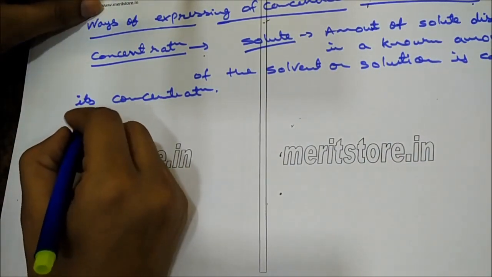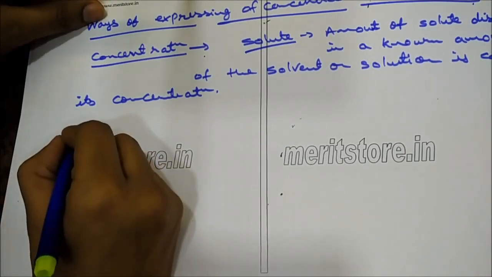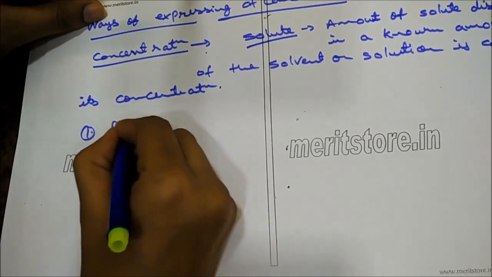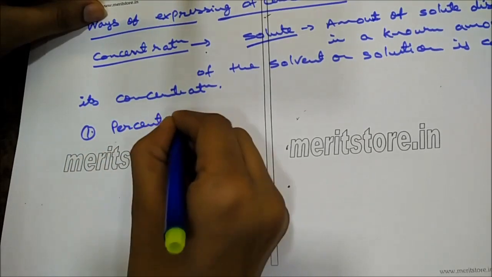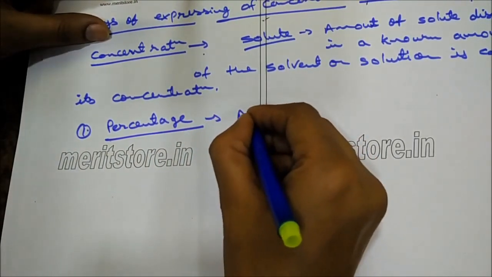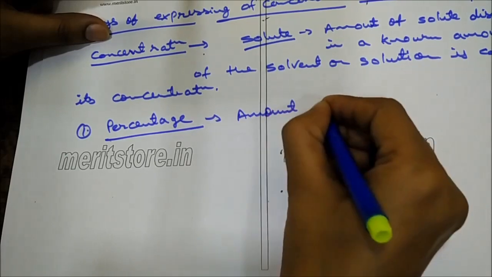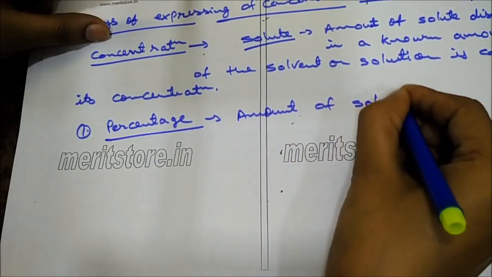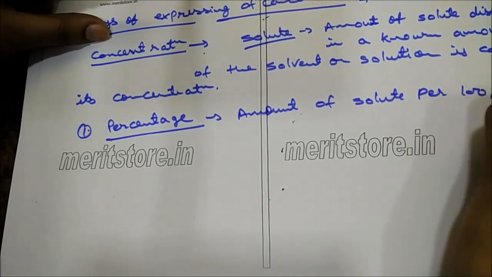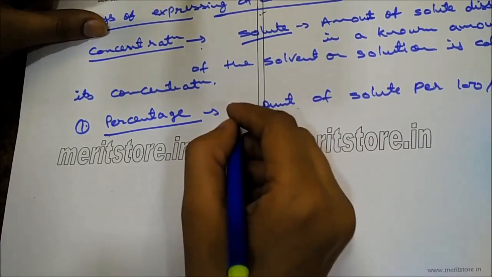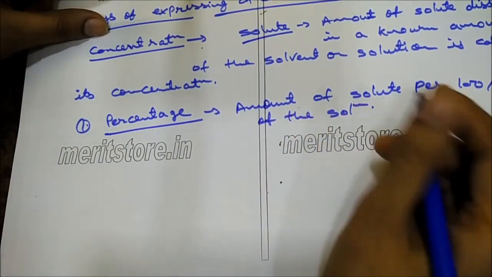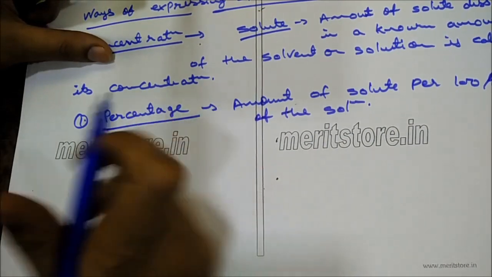We'll take different ways of expression of concentration. First is by percentage. Amount of solute per 100 parts of the solution is called its concentration in percentage.